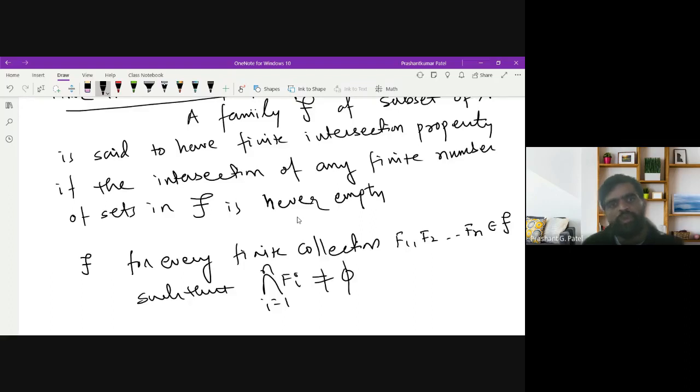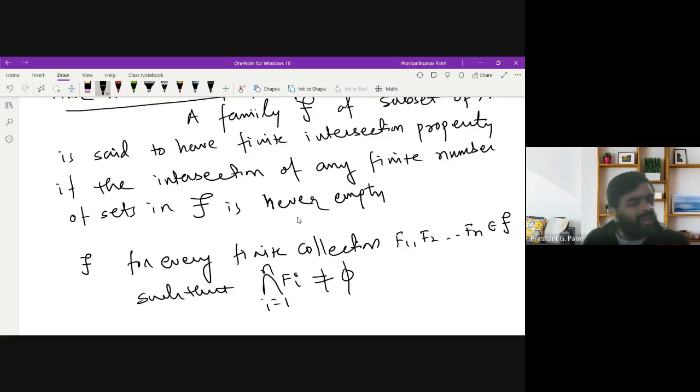This is known as the finite intersection property, and this is true for any n. If you pick any elements of this family and take their intersection, it will always be non-empty. That is known as the finite intersection property.